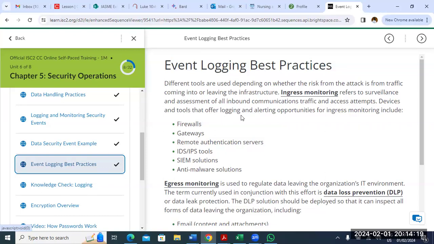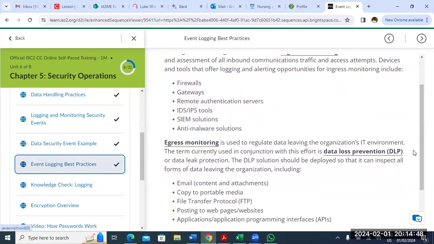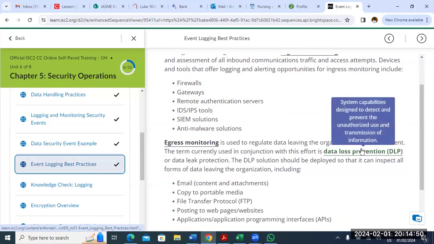Devices and tools that offer logging and alert opportunity for ingress monitoring include the firewall, gateway, remote authentication servers, IDS as an intrusion detection or prevention system, the SIEM solution, and the anti-malware solution. These are ingress monitoring devices.